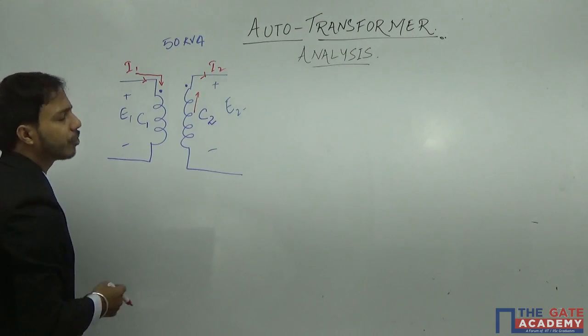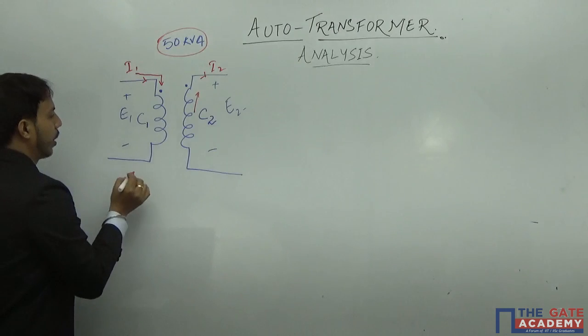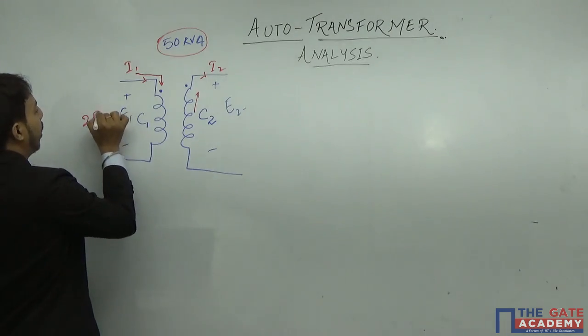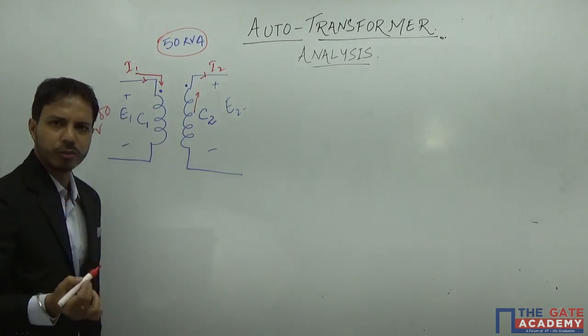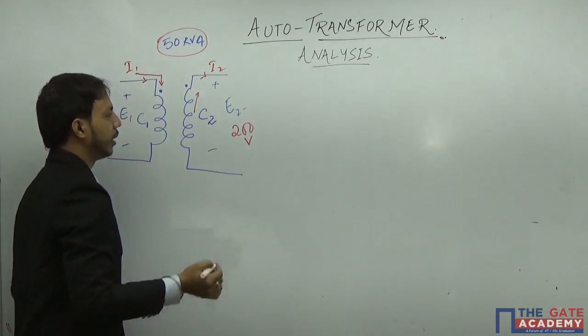Let us give some values also. Say this is 50 kVA. So here I have, say, 2000 volts, and let us take, say, 200 volts here.